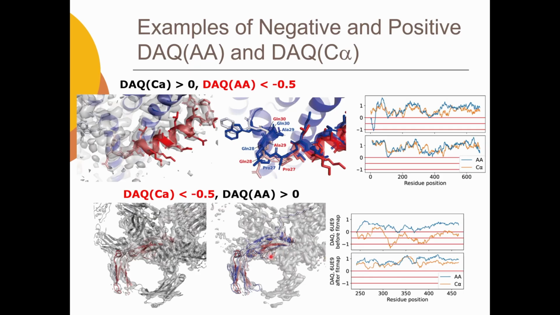And if we shift it by a rigid shift, then everything goes positive. So the C alpha score and amino acid score have different roles. The C alpha score tells you if the C alpha positions are correct, that the overall conformation is correct. The amino acid score tells you the possibility of residue shifts.